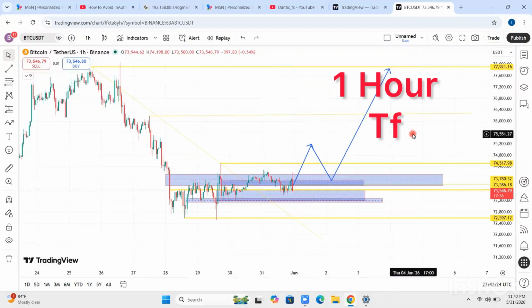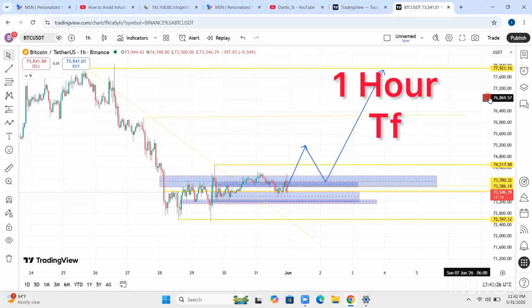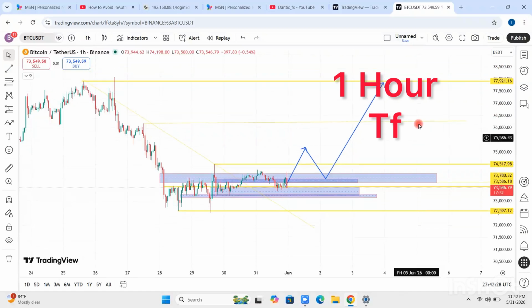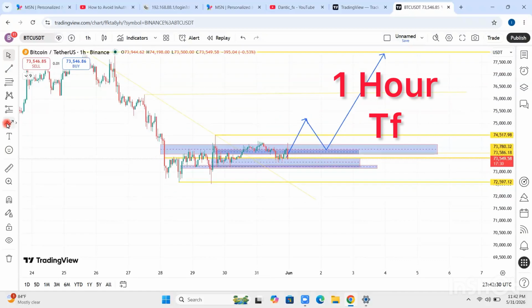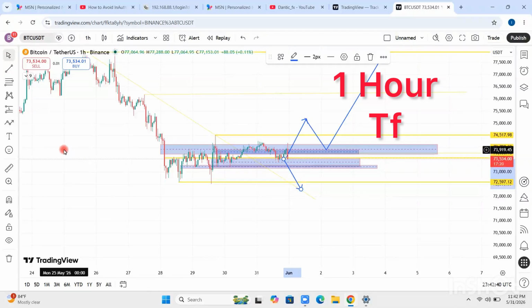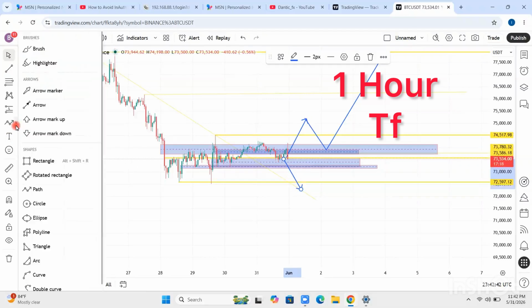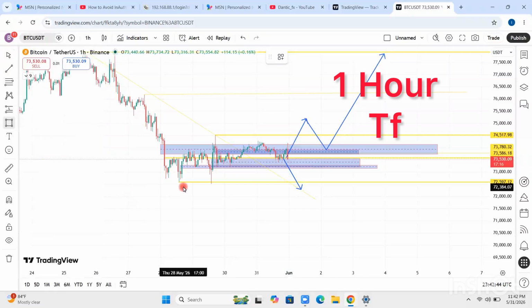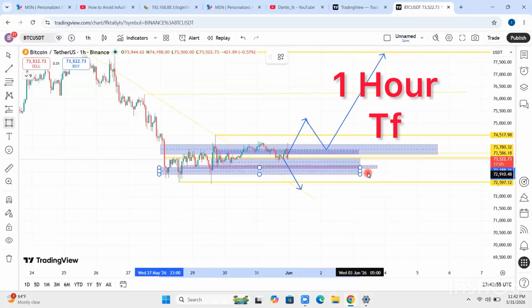All right, so if these markets should go down and you want to take your trade, then you have to wait for the market to break this place, and you will mark this other block here.